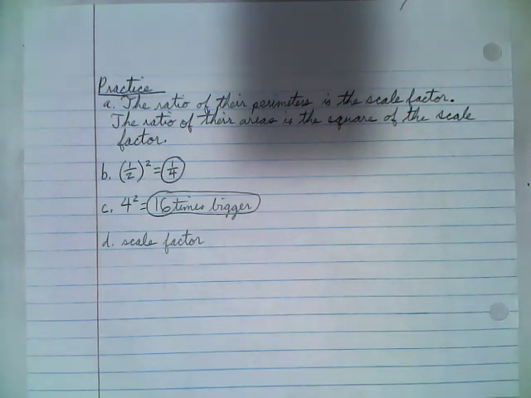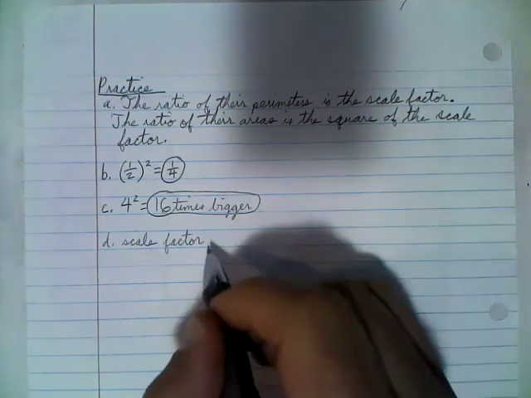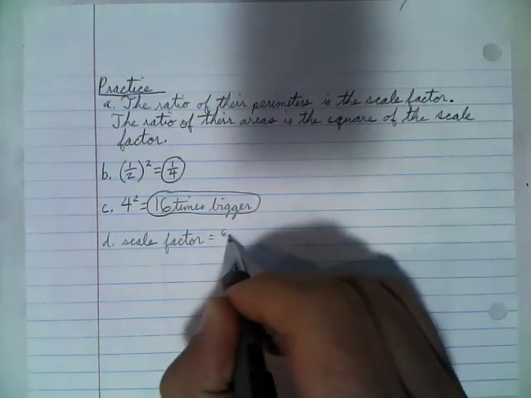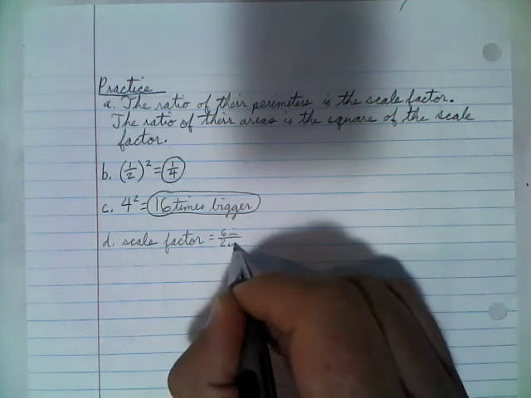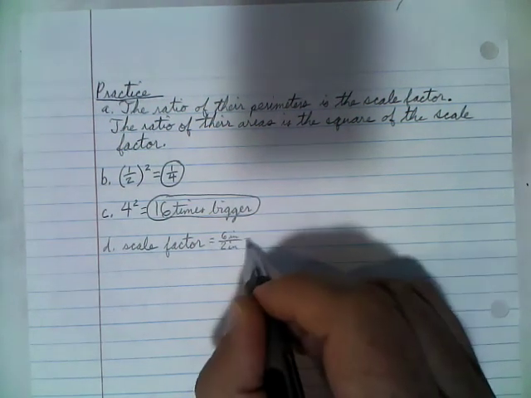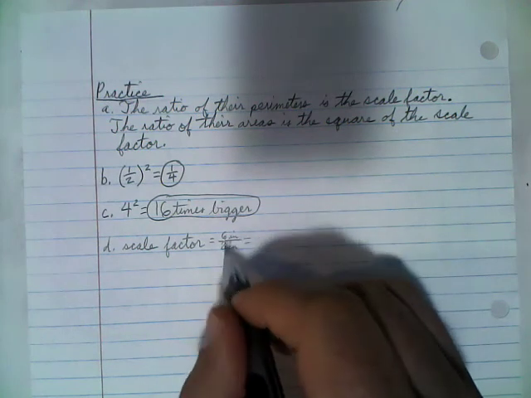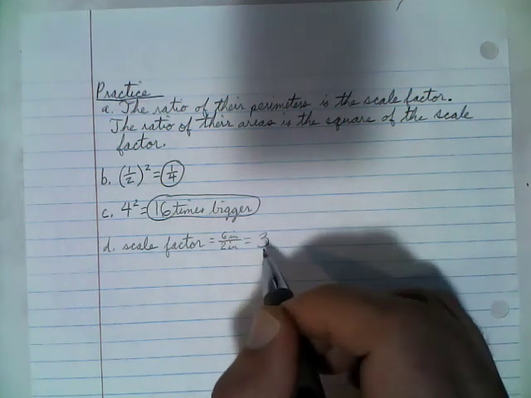So if we take a look here, I'm looking for corresponding measurements. So on the big guy, I've got 6 inches. On the little guy, I've got 2 inches that seem to correspond to each other. And well, inches and inches will cancel, and then 6/2 becomes 3.